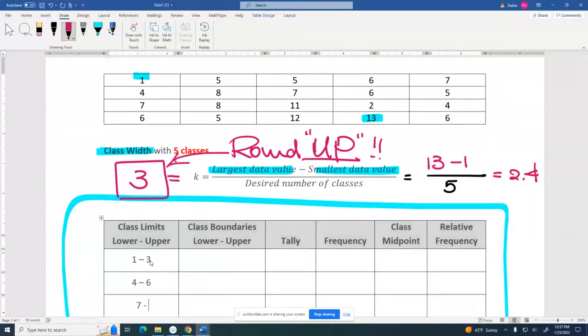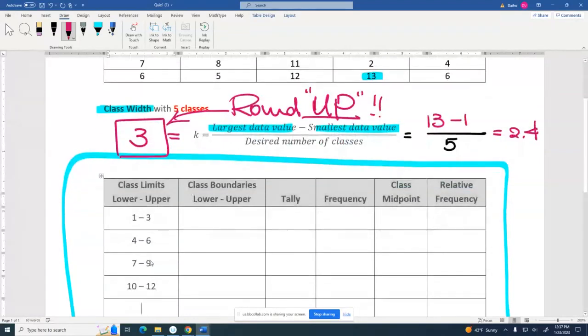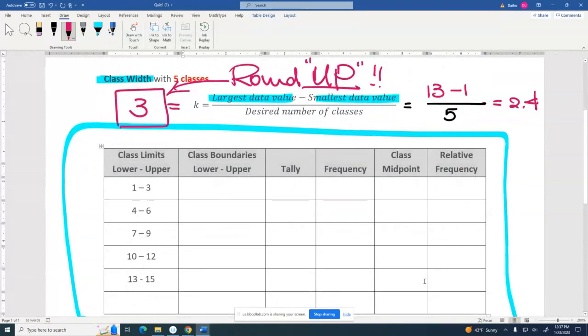Next one, 7, 8, 9, then 10, 11, 12. How many desired? Number 5 classes. The last one will be 13, 14, 15, up to 15. It makes sense? Yeah, the class width was 3. 1, 2, 3, 4, 5, 6, 7, 8, 9, 10, 11, 12, 13, 14, 15.